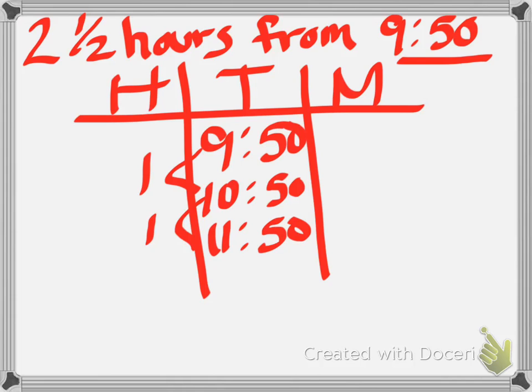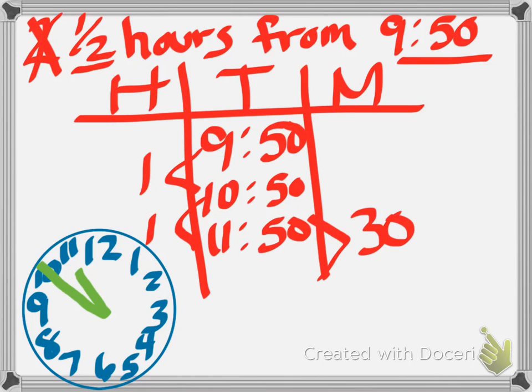But I'm not finished. I am finished with the hours, but I'm not finished with the minutes. A half an hour is 30 minutes. So I need to add 11:50 and 30 minutes. So on our clock right now we have 11:50, but I need to add 30 minutes. So let's go ahead and do that. 5, 10. We're crossing the 12. So what does that mean?